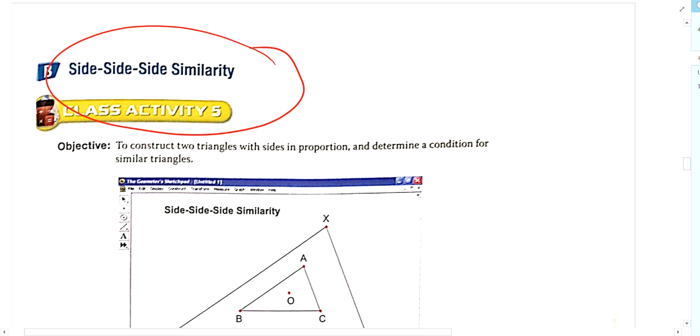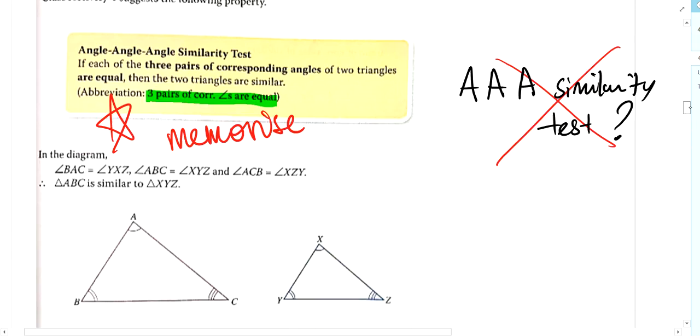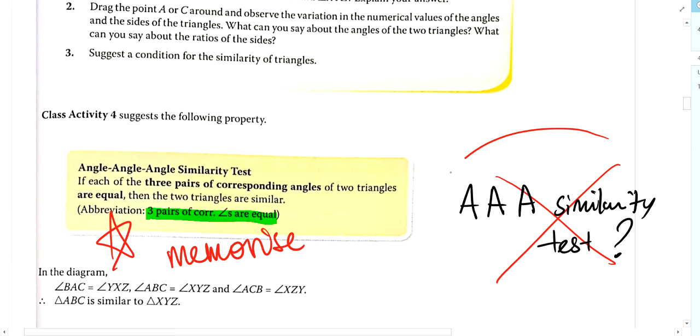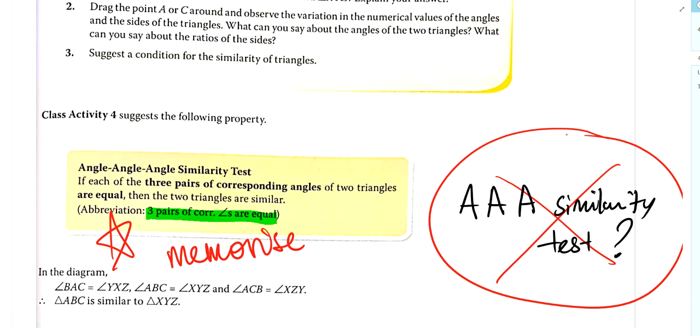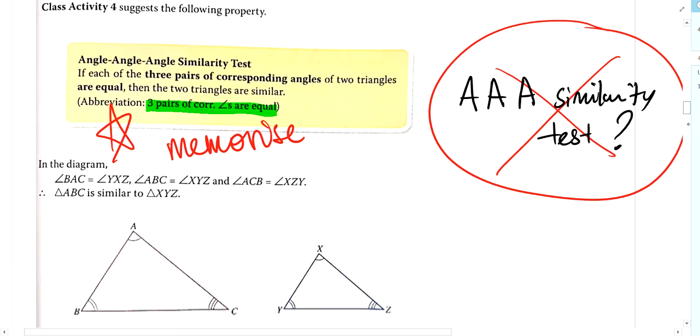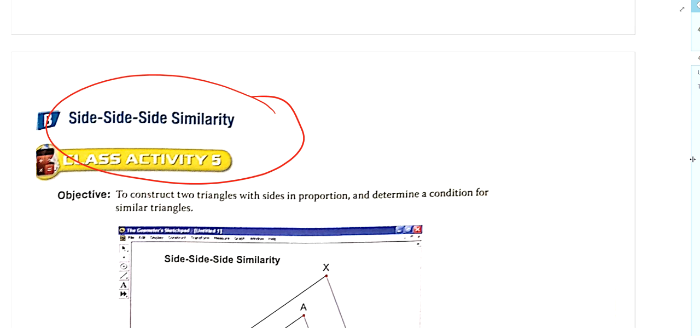Now, do you see why we insist that you do not write AAA? Do you know why now? Because if you write AAA similarity test over here, what are you going to write for this? Are you going to write SSS test? It could be congruent test.